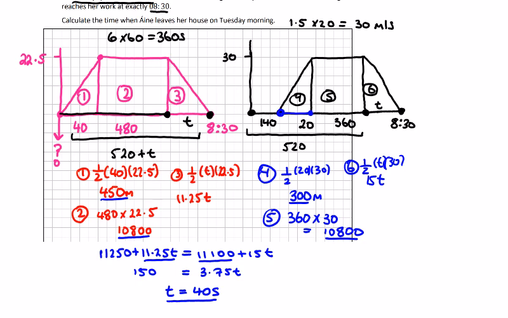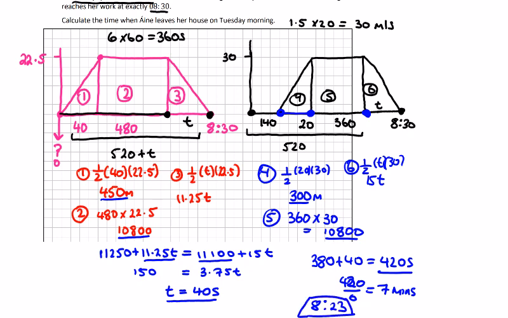So it took her 20 seconds and another 360, so 380, plus 40. It took her 420 seconds to get to work, and she gets in at 8:30, so 420 over 60 is 7 minutes, so 8:23 to get to work on time.